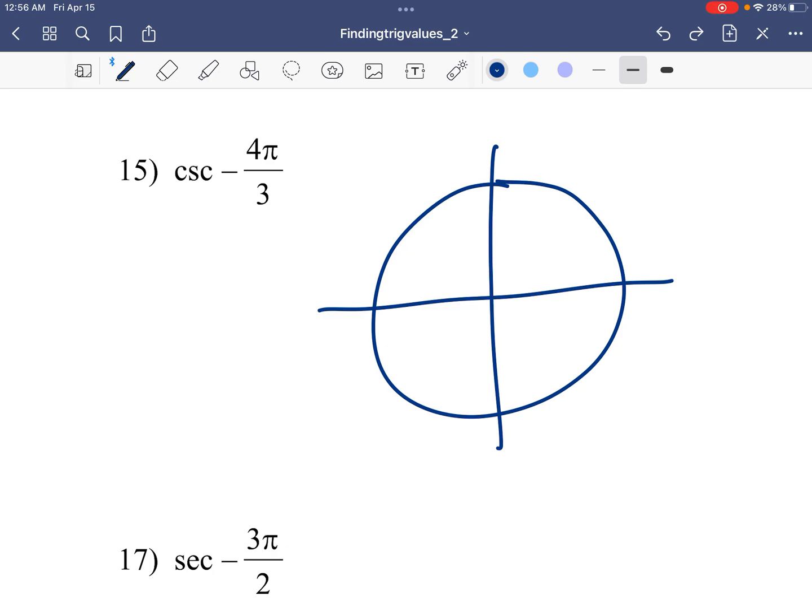Okay, so it is 1 pi over 3 past pi, moving in the negative direction. So pi, which is also equivalent to 3 pi over 3, plus another pi over 3 is 4 pi over 3.